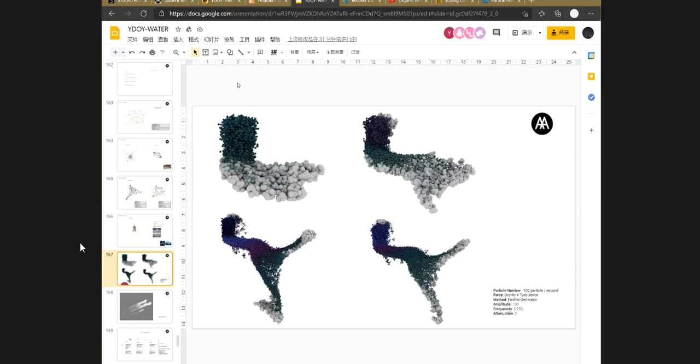And this is what you can do with a particle or agent simulation. All you would do is say the radius of the agent is dependent on the motion vector. The larger the motion vector, the smaller the particle, and the smaller the motion vector, the larger the particle, you would get exactly this diagram, right?